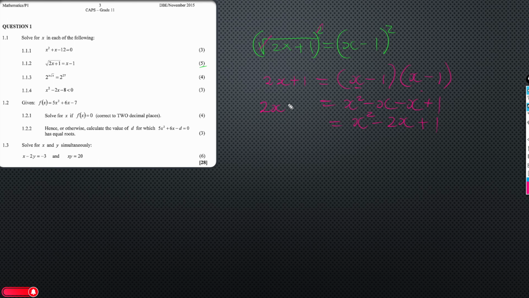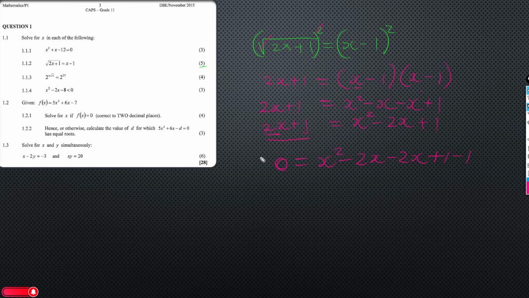Remember that you have to write this each and every time so that you can take the entire 2x plus 1 to the other side. So I'll be left with 0 equals x squared minus 2x minus 2x, and then the 1 will be plus 1 minus 1.